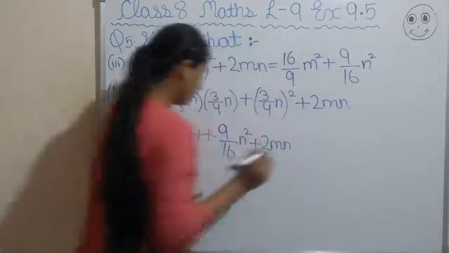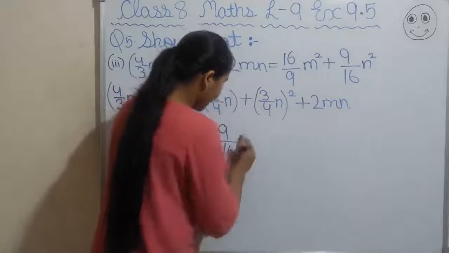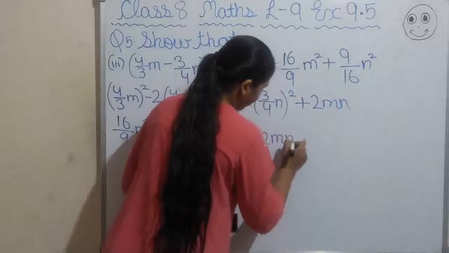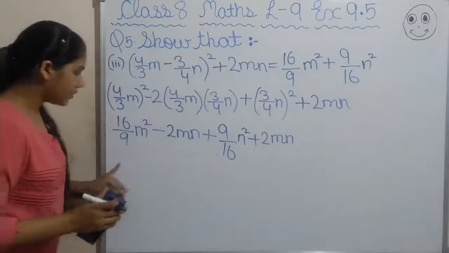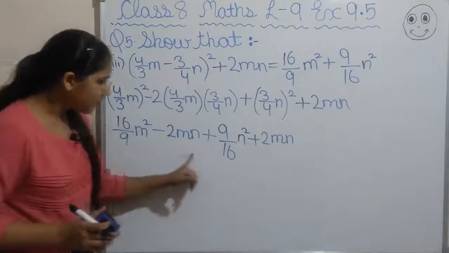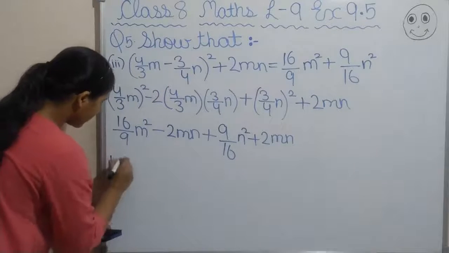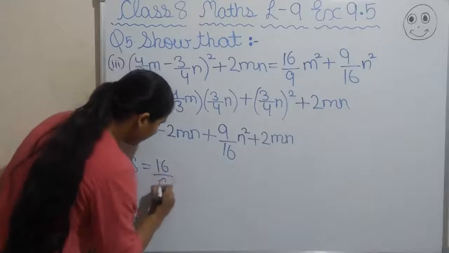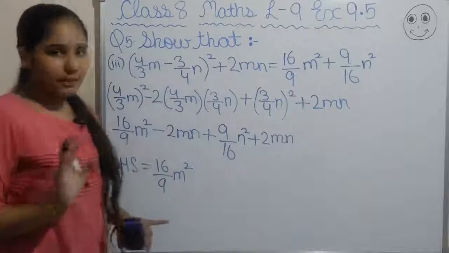Now we have to solve. I think I should write it a little bit up. Plus 2mn. Now, okay, so 16 by 9 m square, as it is, because it is not having any pair.